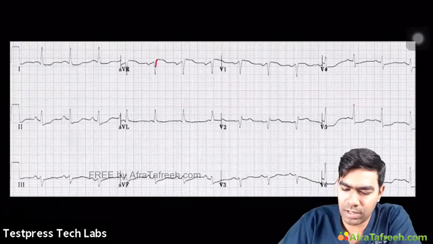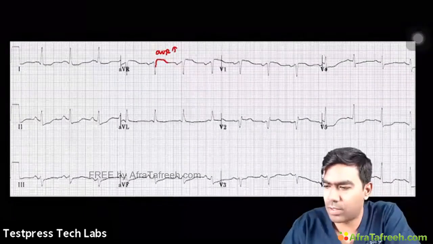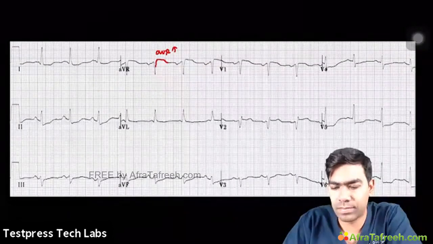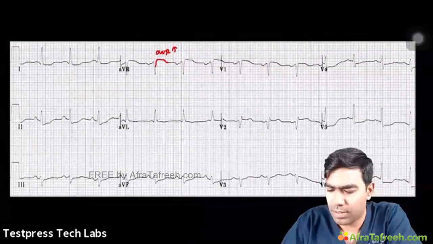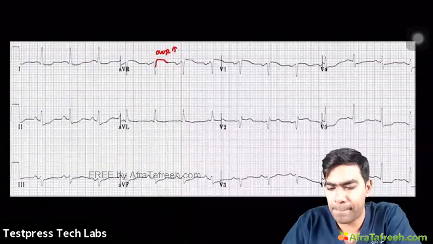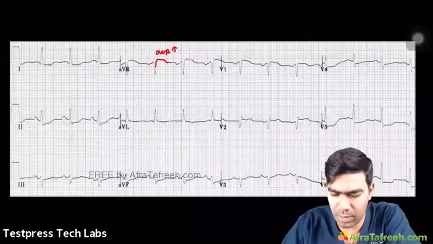What's happening here? Here also you're seeing elevation. AVR is elevated. Okay, all right. But what else are you seeing here? It's not hyperkalemia or hypokalemia. We're not talking about potassium here. I wanted you to see the elevation.